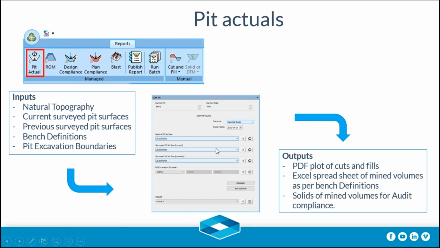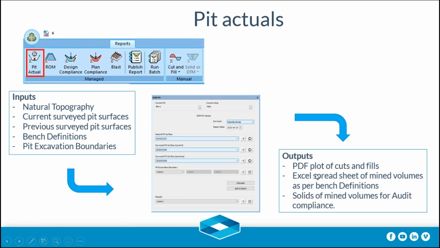The outputs that you will get out of this, in case you're wondering why so many, especially with regards to surfaces, you're going to have PDF plots of the cuts and fills, and then an Excel spreadsheet generated of the mined volumes as per the bench definitions.